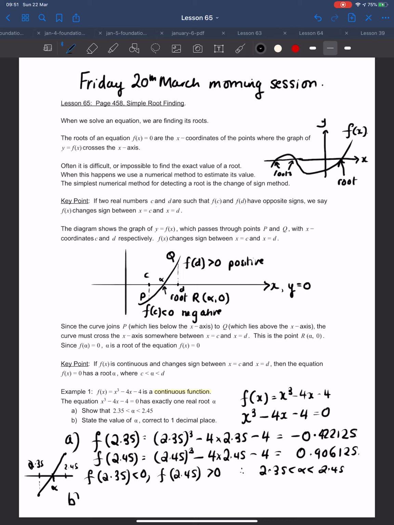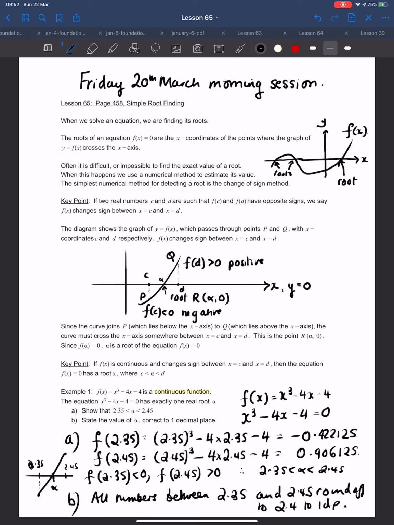This is part B now. State the value of alpha correct to 1 dp. All the numbers between 2.35 and 2.45, all of them, there'll be things like 2.36, 2.37, right up to 2.45, not including the 2.45, all of them will round off to 2.4 to 1 dp.